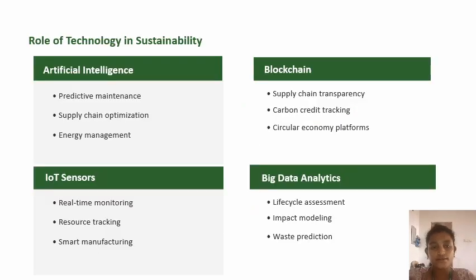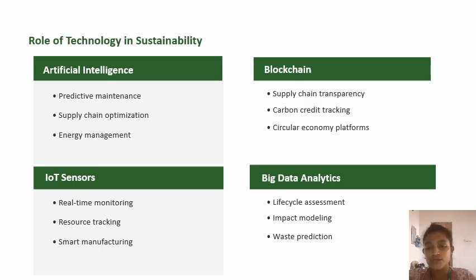The role of technology in sustainability. There are four technologies mostly used in sustainability. First, AI, artificial intelligence, then blockchain, then IoT sensors, then big data analytics. AI is mostly used for predictive maintenance, supply chain optimization, and energy management.